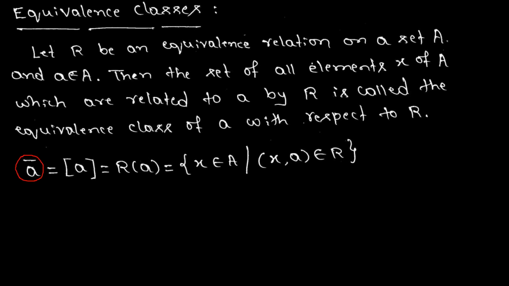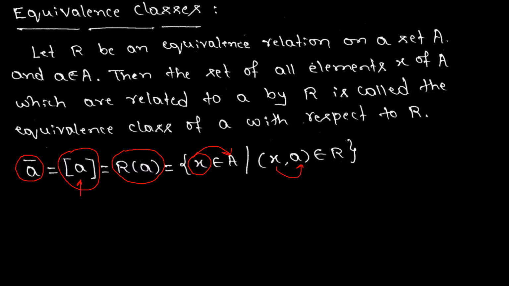It can also be denoted by square brackets a, that is equivalence class generated by an element a. Or we can also write it as R of a, which is defined as equivalence class generated by a contains all elements X from capital A which are related to a, small a.